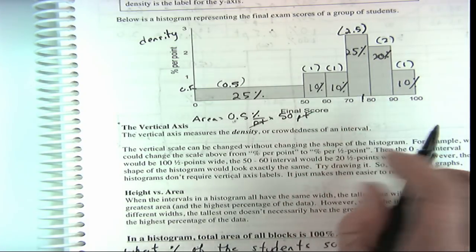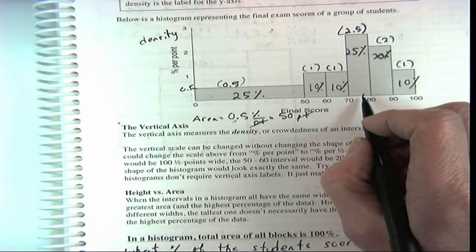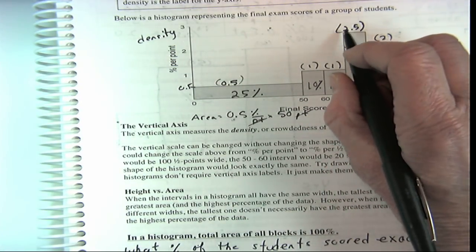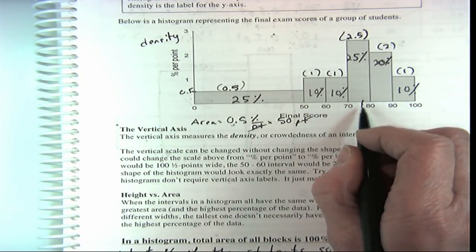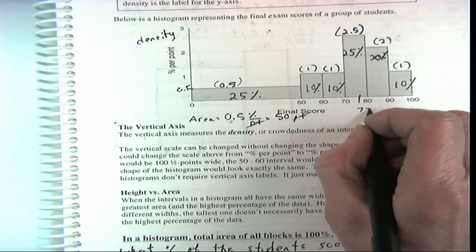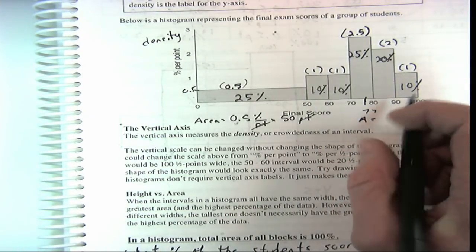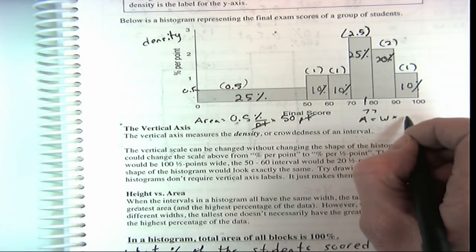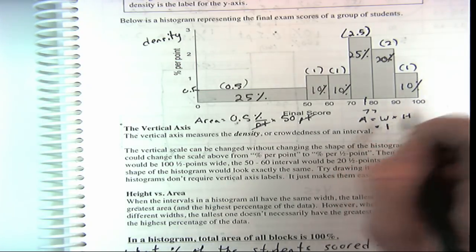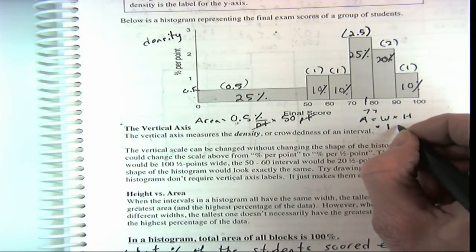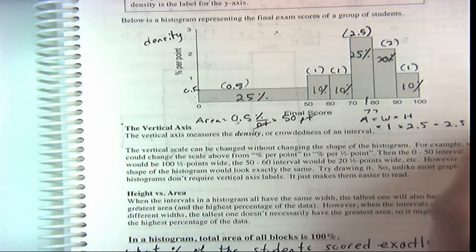That's 10 of them. And so each one would be 1 unit. And so this tells you 2.5% for each point in there. So if that was 77, the area equals width times height. The width of the interval is 1, and the height is 2.5. 2.5% would be your answer.